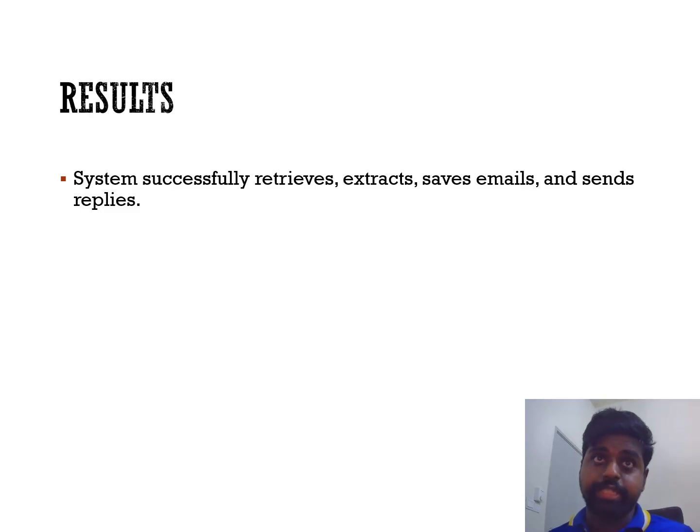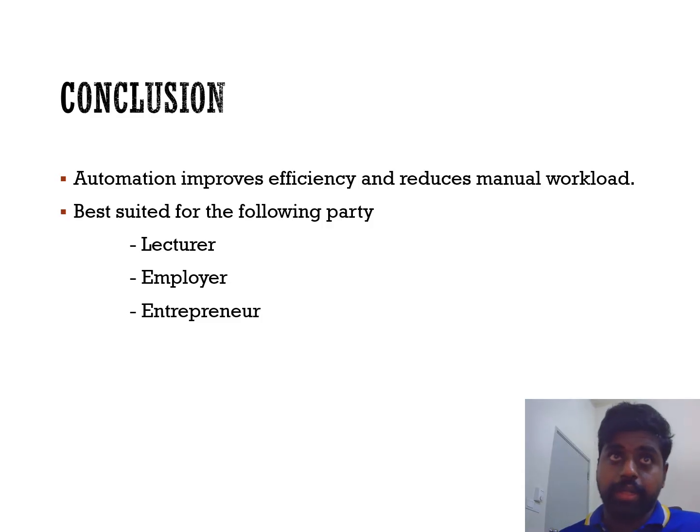Now, as a result, the system successfully retrieved the email that we want from the sender, extracted the crucial information that we need, saved the email for further reference, and also sent a reply. Okay, next. In conclusion, the automation improves efficiency and reduces manual workload. So we don't need to type in the details every time we want to send an email. It's quite quick when it comes to this. We just need the sender's email to send an immediate response.